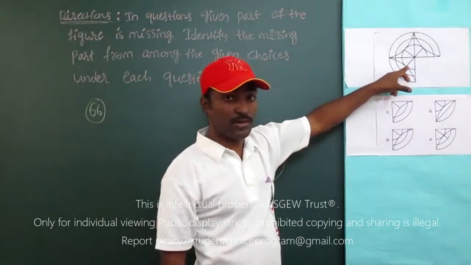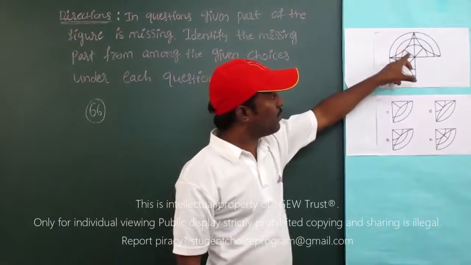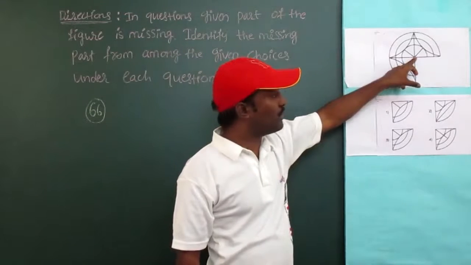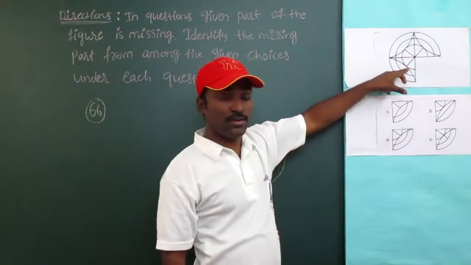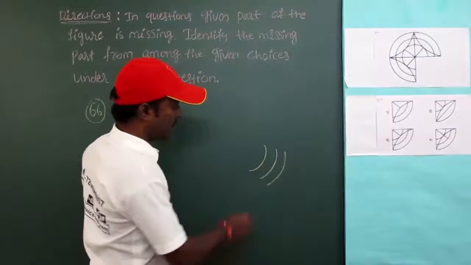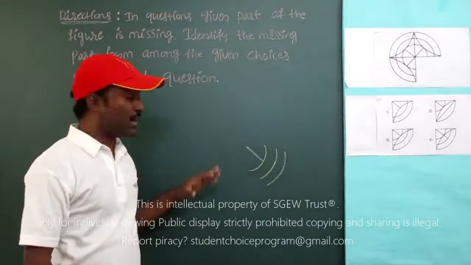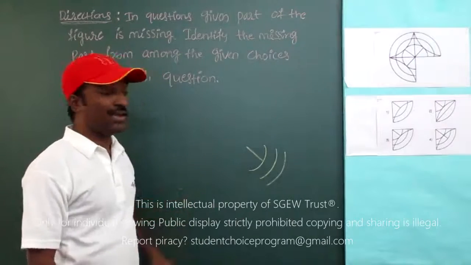There is one more radius which is going to become a diagonal if you complete this figure. So the missing figure will appear like this, and this has to be observed in the given options.